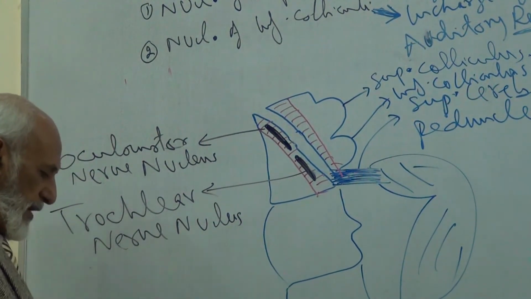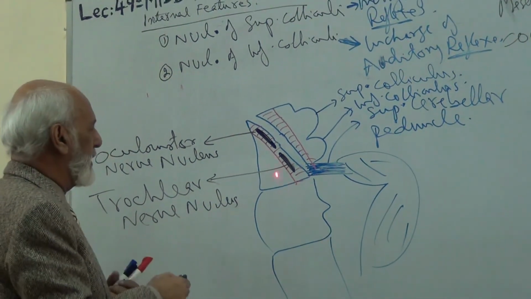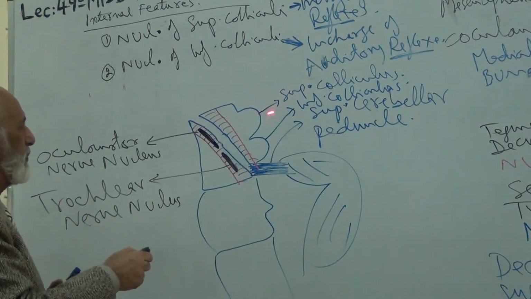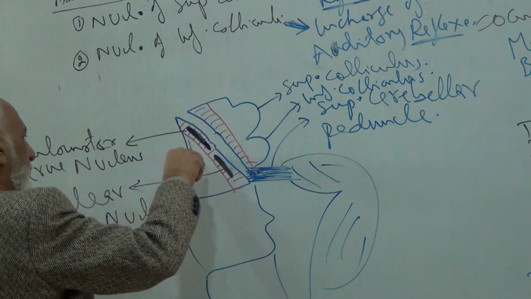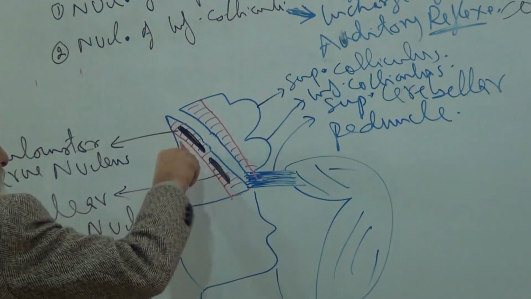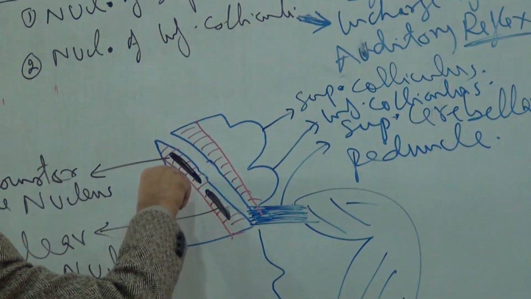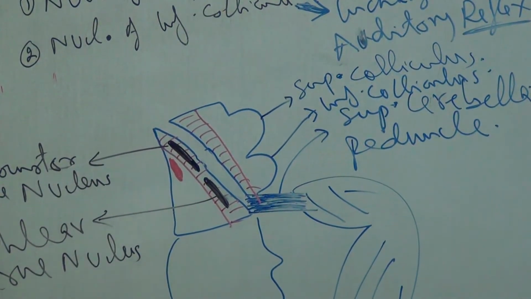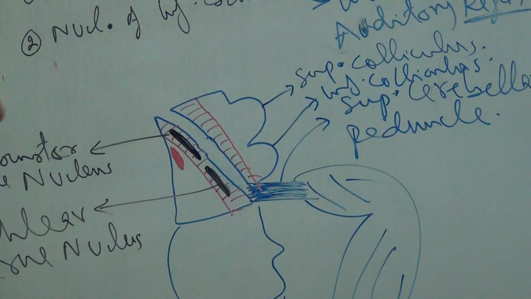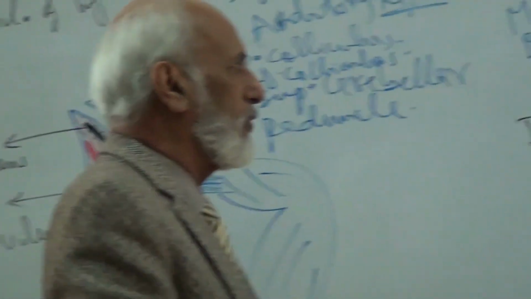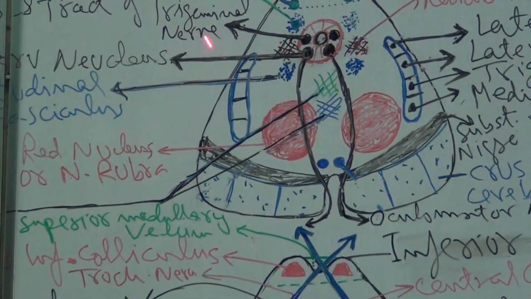And anterolateral to the cerebral aqueduct at the level of superior colliculus in the midbrain is the red nucleus. The red nucleus is absent at the lower half. So this was a longitudinal view of the midbrain showing the location of the oculomotor nerve and trochlear nerve nuclei.